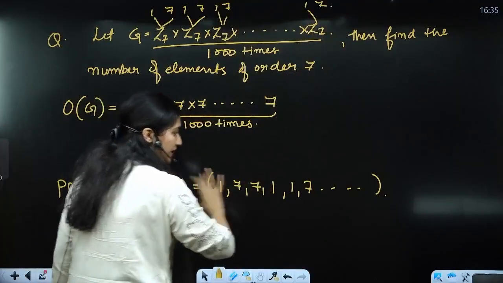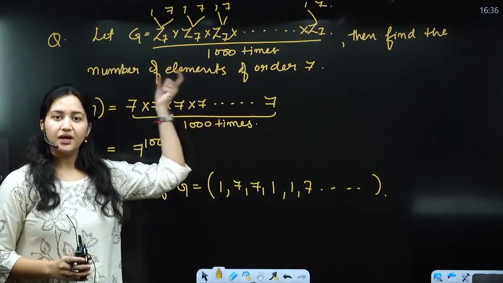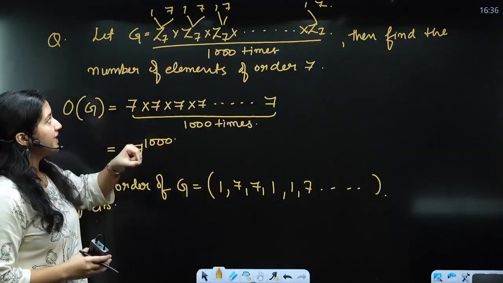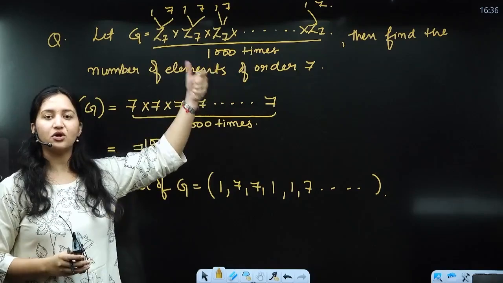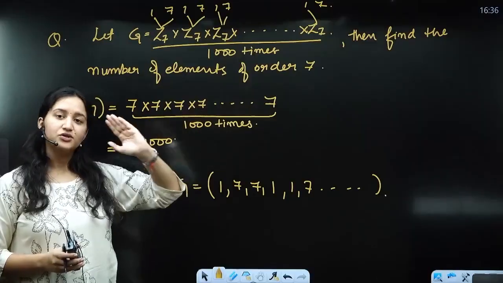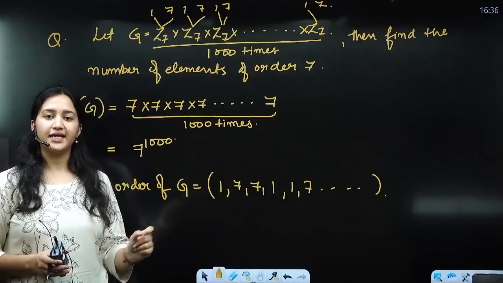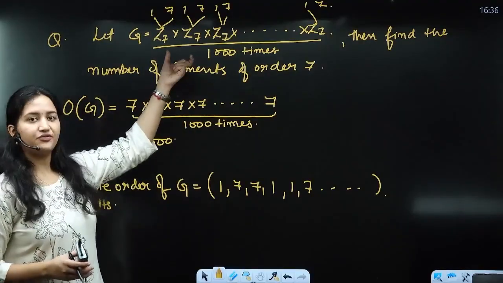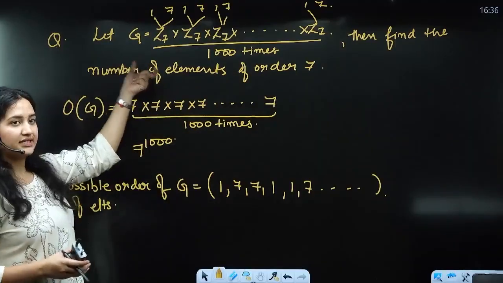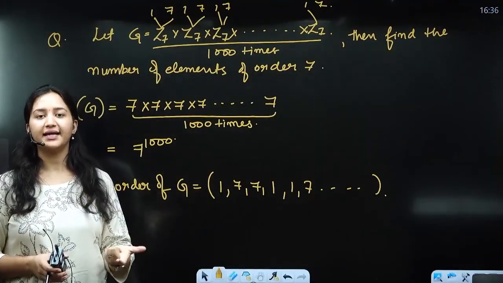So whatever pairs you make here, whichever element you pick from this G, its order is going to be 7 only. Why? Because you are going to take the LCM of 7, 7, 7 or 1, 1, 1, and finally 1, 7 is going to be there, right? So other than the identity element, every element is going to contain 7 in it. That is, the order of the element is going to have 7 in it, right? So every other element of the group G is going to be of order 7, except for one element, that is your identity element.